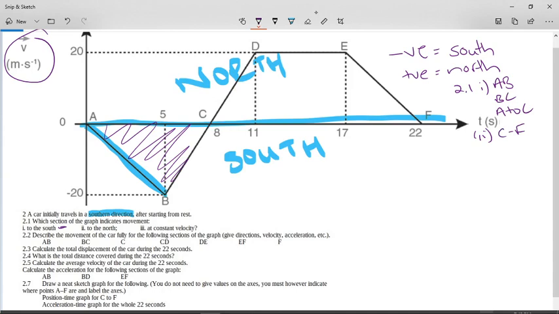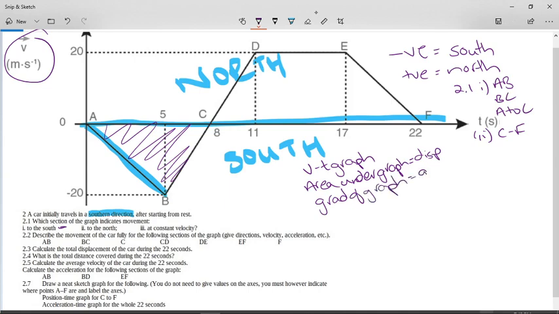Then it says to you, where is it traveling at a constant velocity? Now remember, for a VT graph, a velocity time graph, the area under the graph is equal to the displacement, and the gradient of the graph, you have to remember this for all VT graphs, the gradient of the graph is going to give you acceleration.